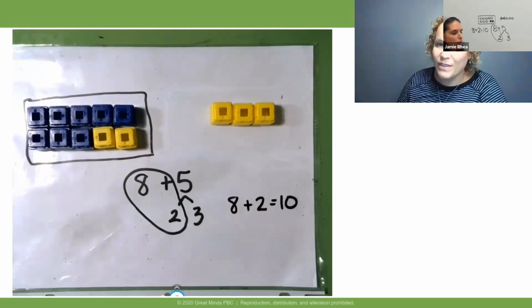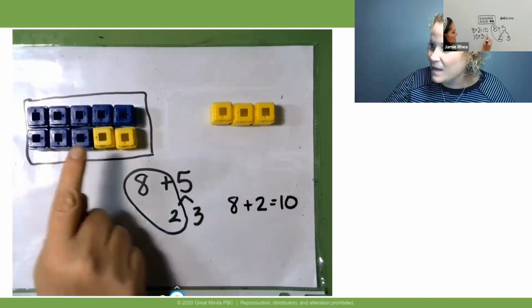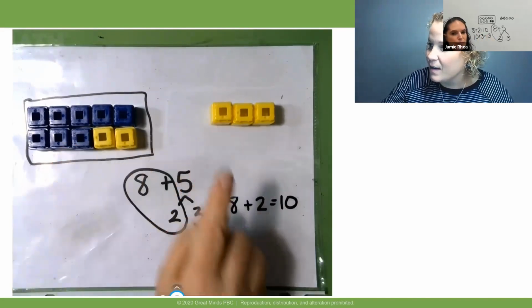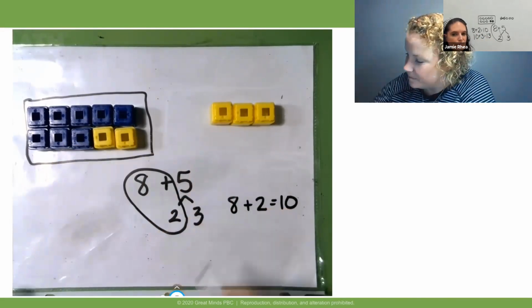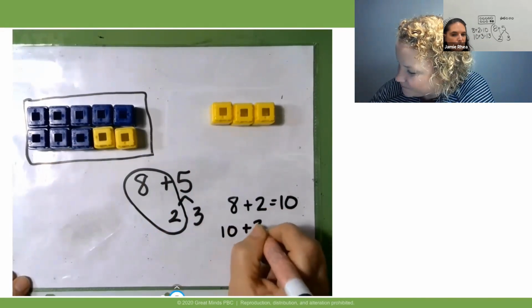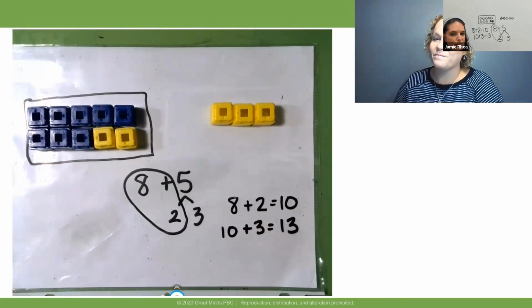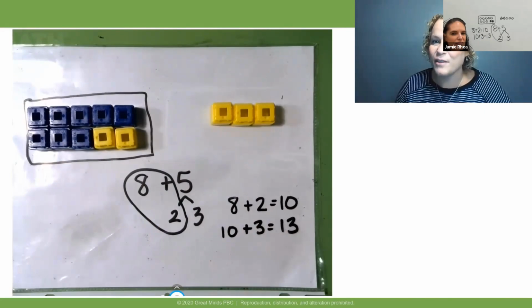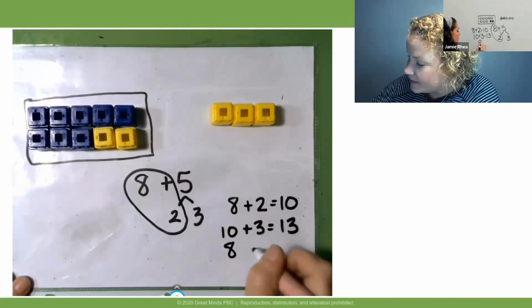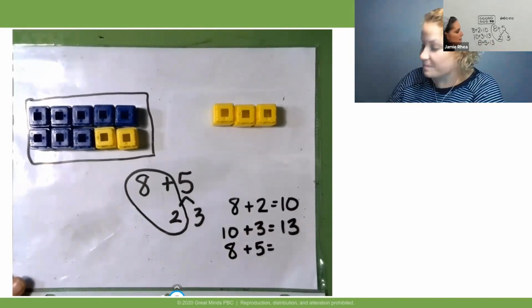And what's our new easier problem? 10 plus 3, which we know equals 13. Are we done? Not yet. We have to go back and answer the original problem. Our original problem, 8 plus 5, equals 13.